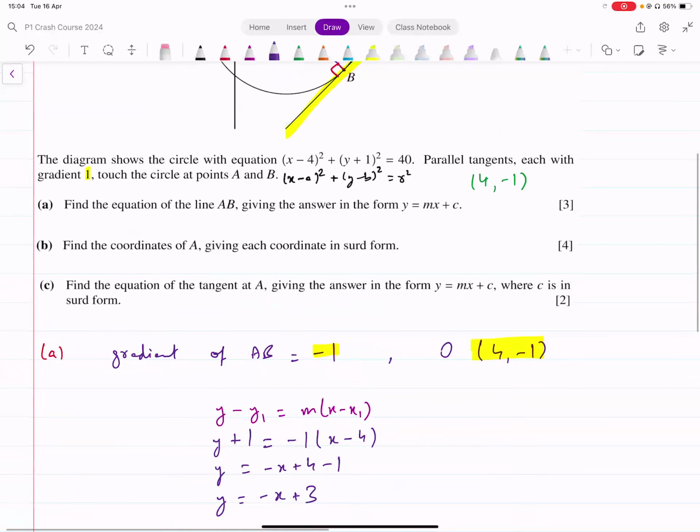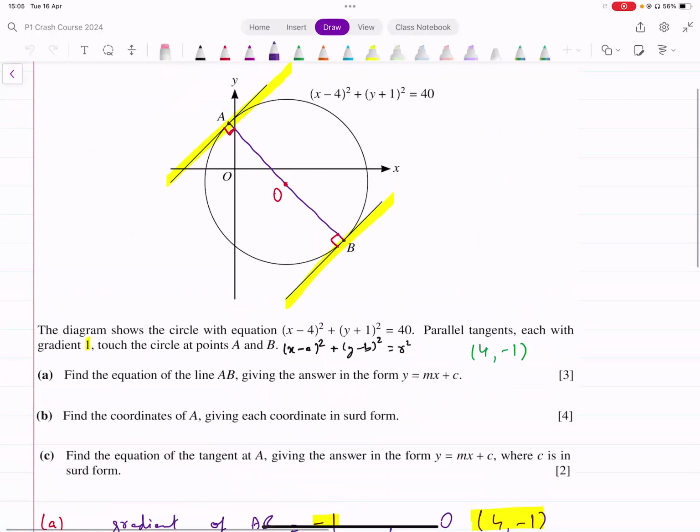Now, how do you find the coordinates of the point A? Let's think about that. This is the point A. We need the coordinates of this point. Now, one thing is that this point A lies on the circle. So whatever the coordinates are, let's call the coordinates x and y.